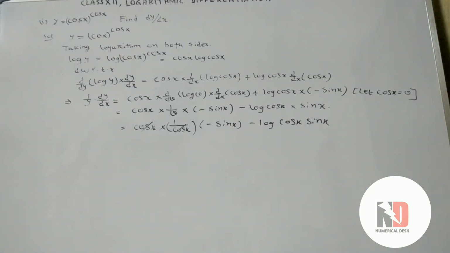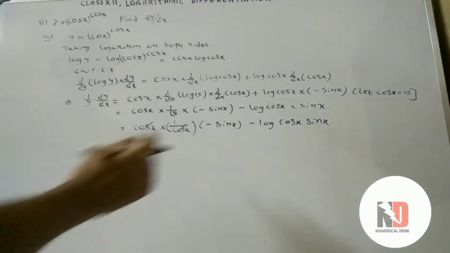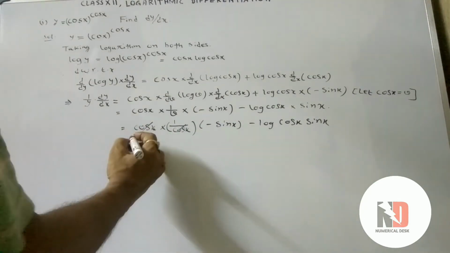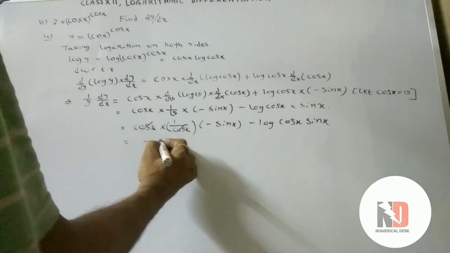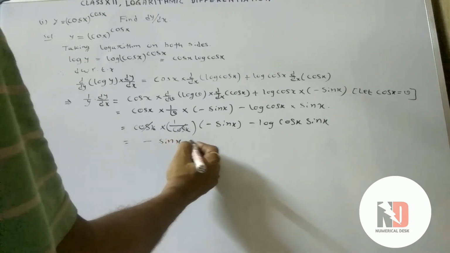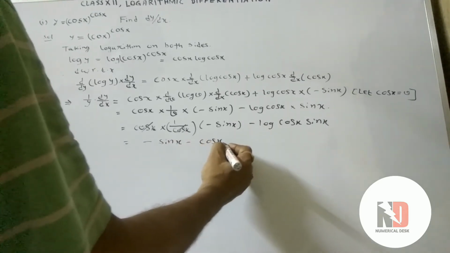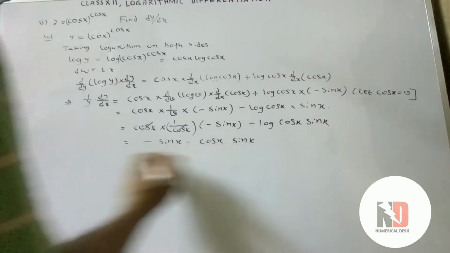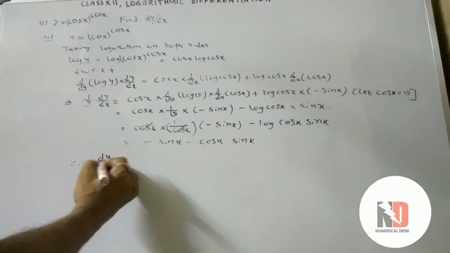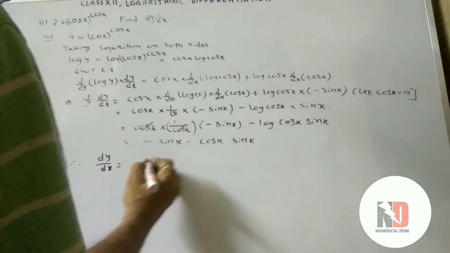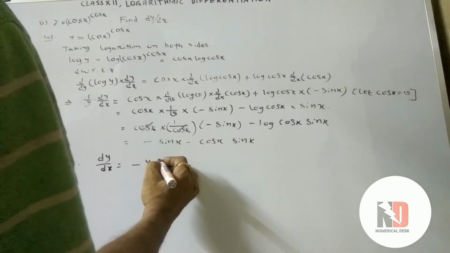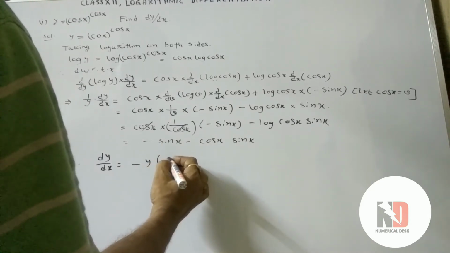Now let us arrange the terms. Let's see the sum carefully. So minus sin x will be common, so minus sin x is outside, and it will be log cos x. I'm writing, wait, let's continue.